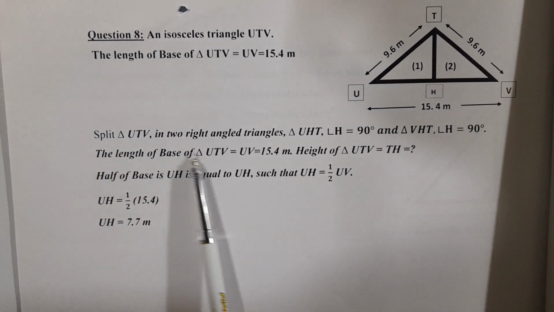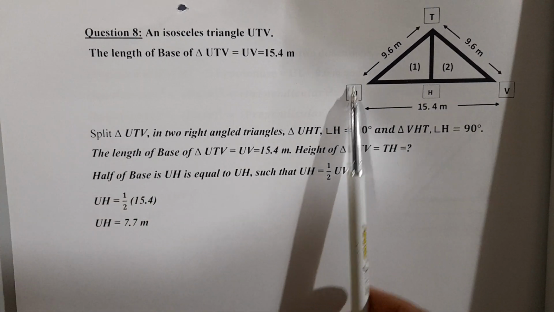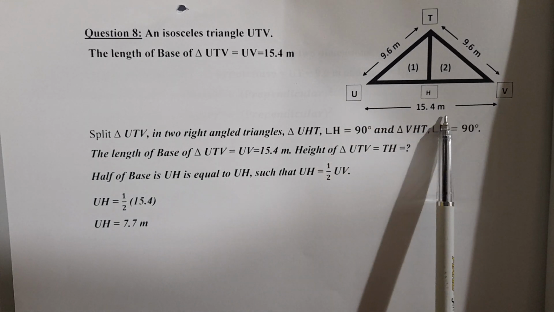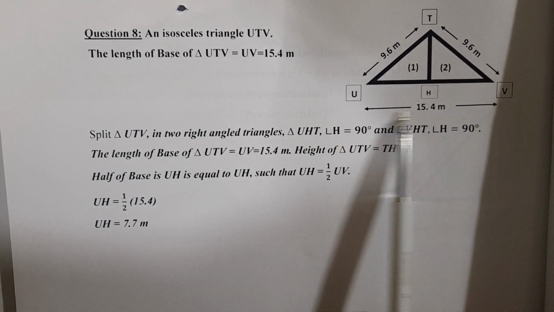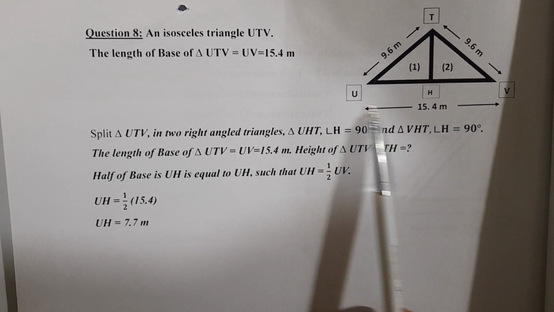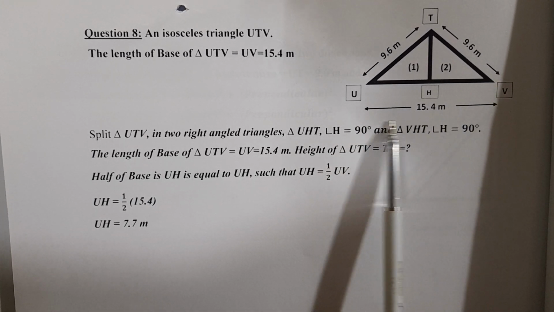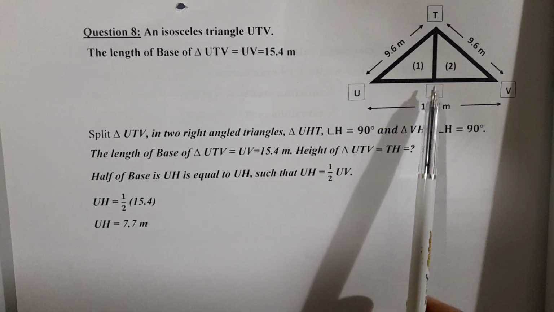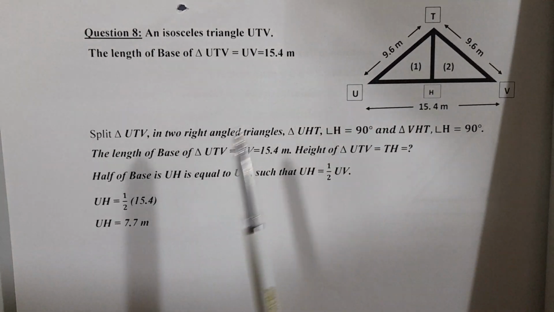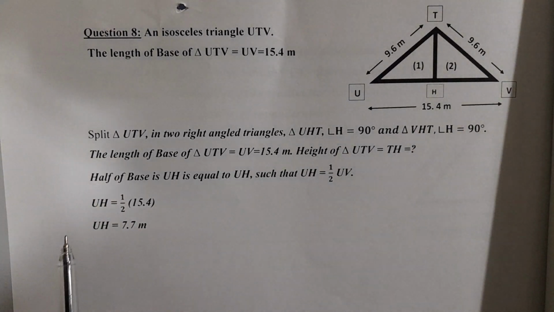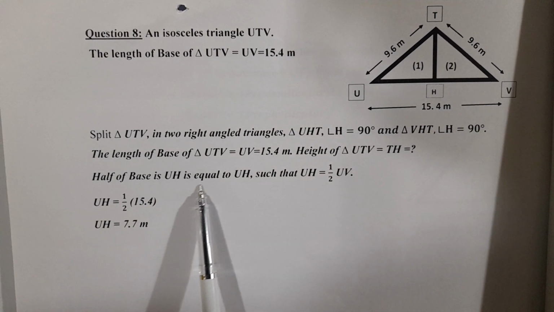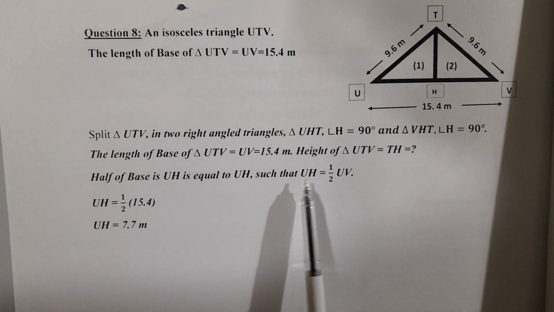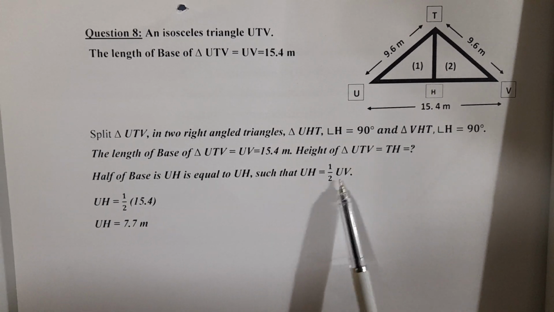The length of the base UV of triangle UTV is 15.4 meters. So, height is unknown. We know that UH is half of UV.